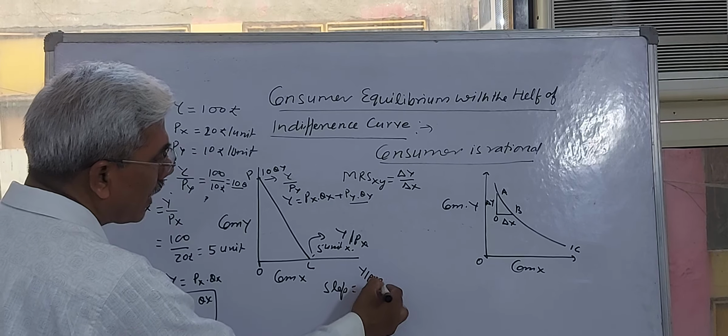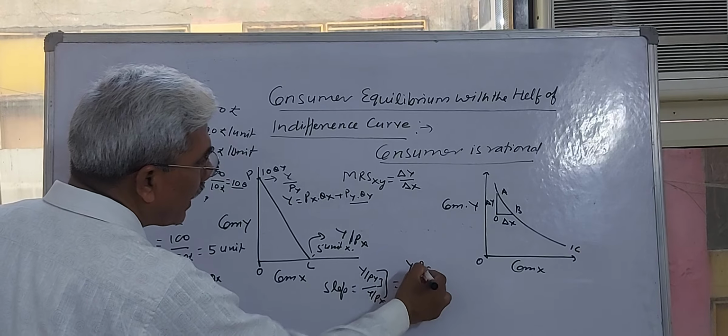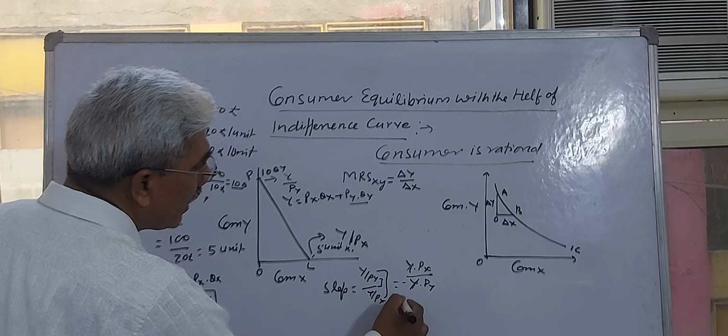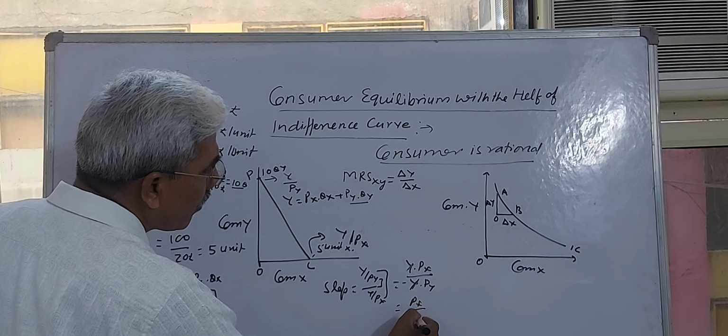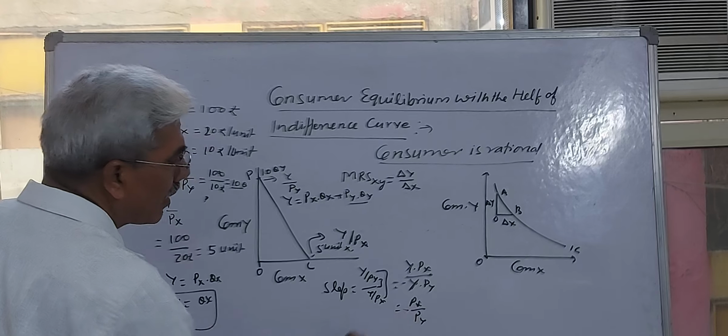Just cut Y by Y, that is Px upon Py. Because this is negatively sloped, multiply by minus 1.